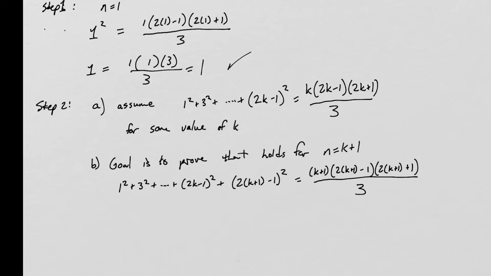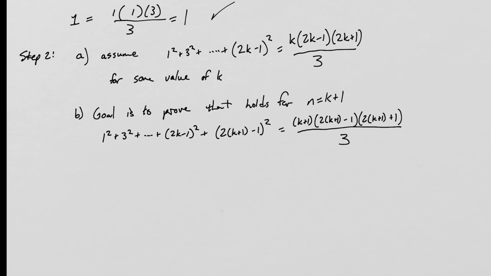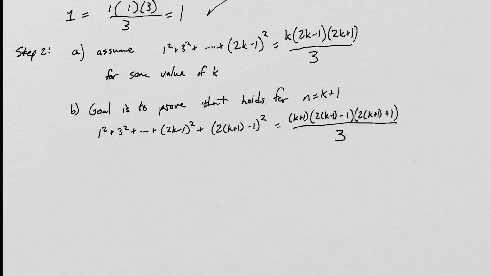Now I think it's worth simplifying the right-hand side just to keep our lives a little bit easier. So this is going to be k plus 1, and then that's going to be 2k plus 2 minus 1. We'll simplify this even more in a second. 2k plus 2 plus 1, all divided by 3.